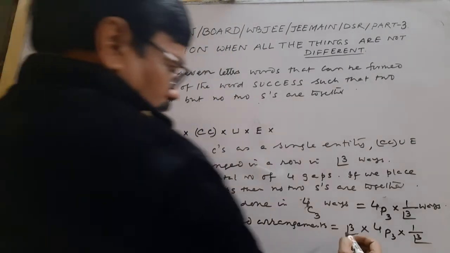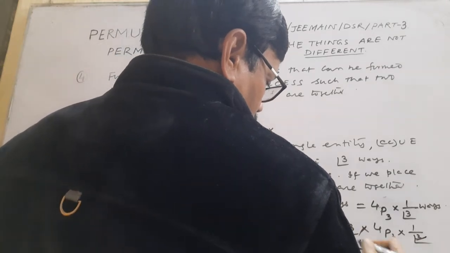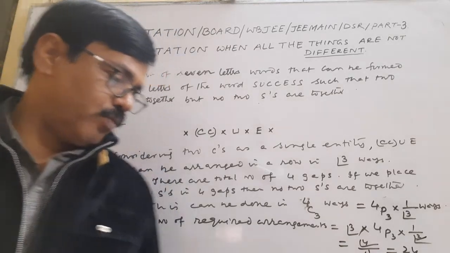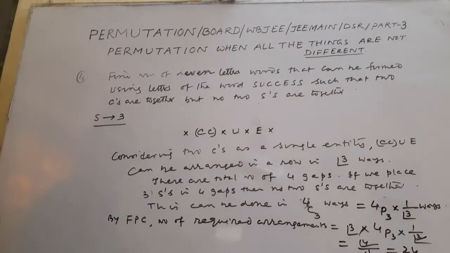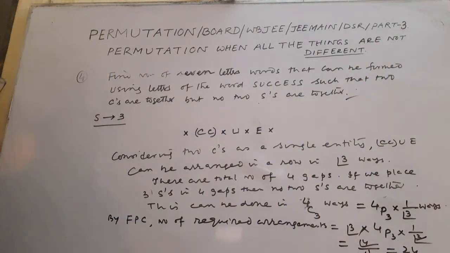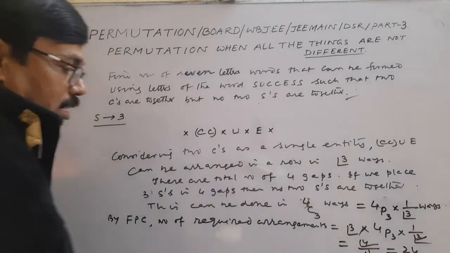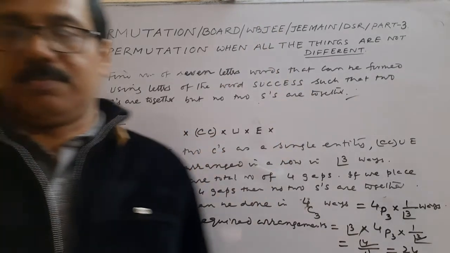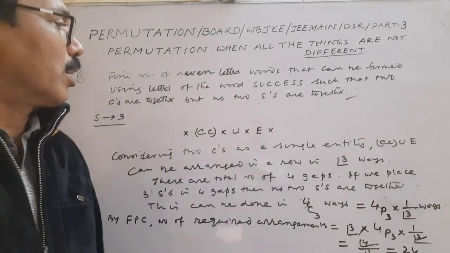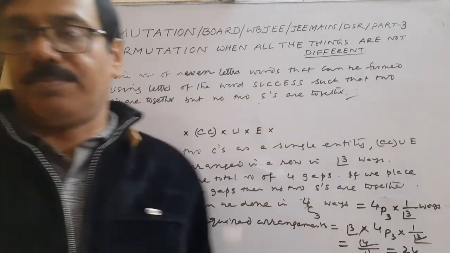So 4P3 is factorial 4 by factorial 1, so 24. Answer is 24. So this is slightly different: two C's are together, but all the S's are not together. You practice this type of problem.